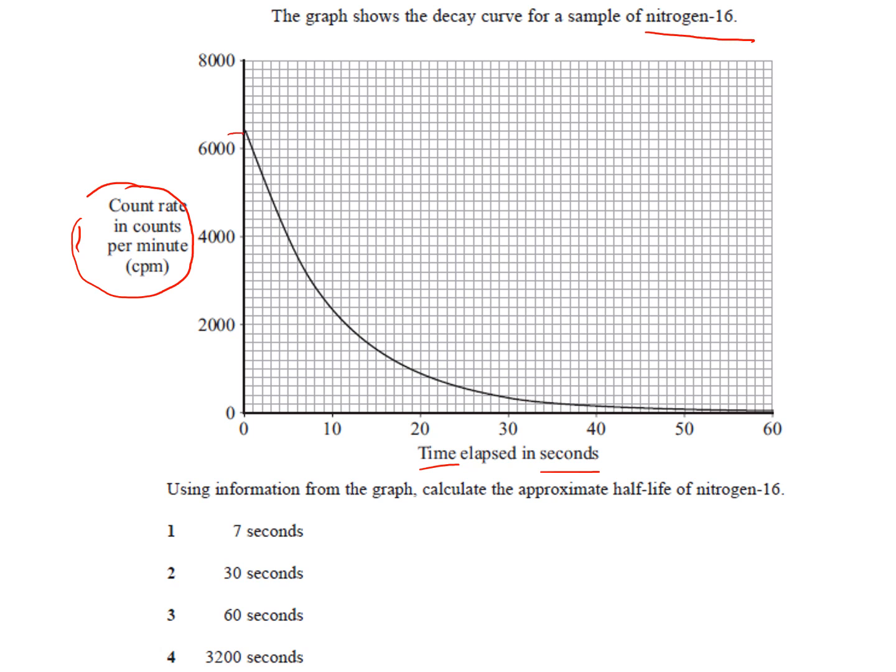And the amount of time it takes to half to go to 3,100 would be about here. Okay, so the amount of time it takes to half be roughly there. Now, if we're looking at time in seconds, there's no way it's going to be 4. It's definitely not 60, that's the entire graph. It's not 30, that's half the graph. Well, that could be misconstrued as being the definition of half-life. Answer number 1, 7 seconds.